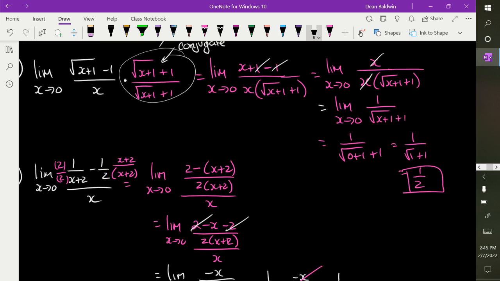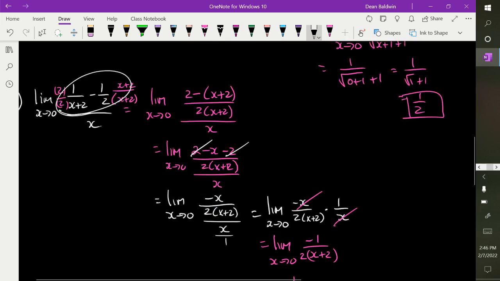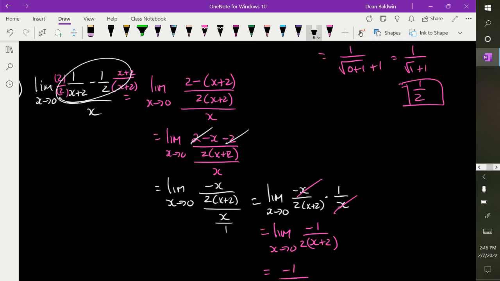If you have compounding fractions, make a common denominator for the top part of it, and you'll know you're doing it right because things will cancel and the discontinuity will be removed. In this case, the x's cancel out.